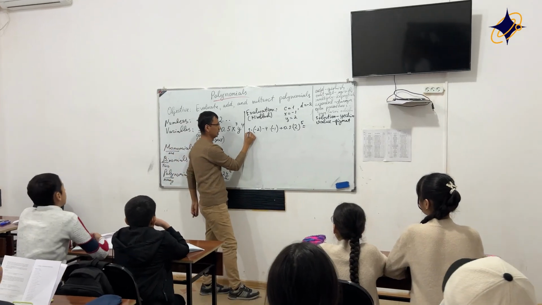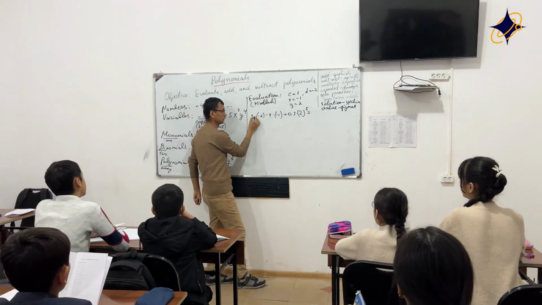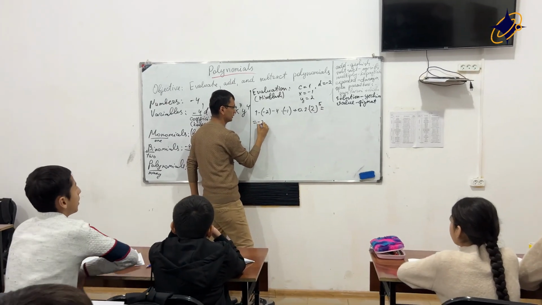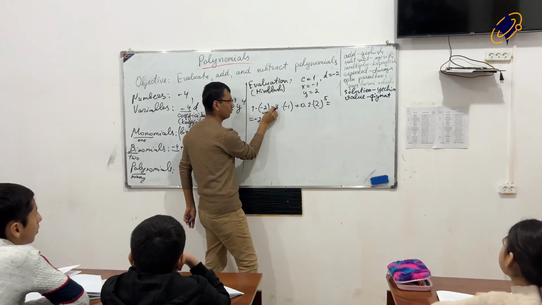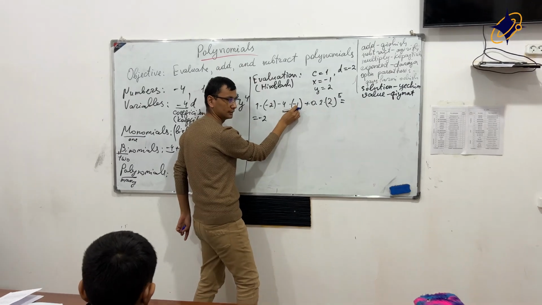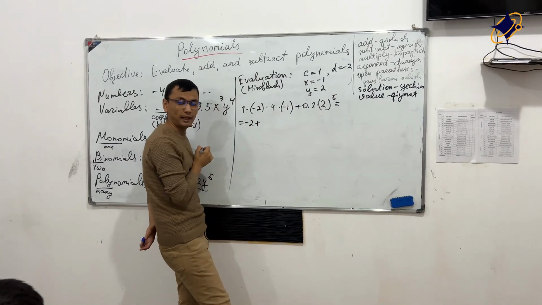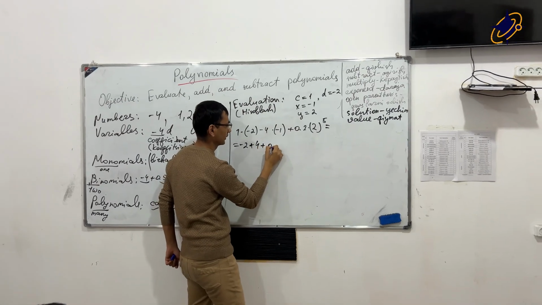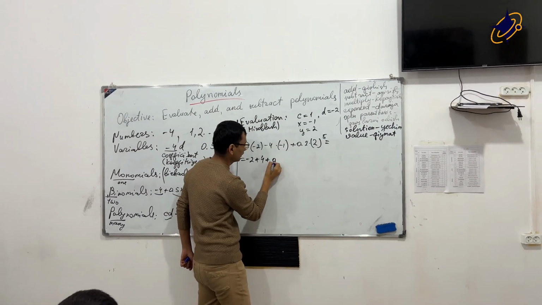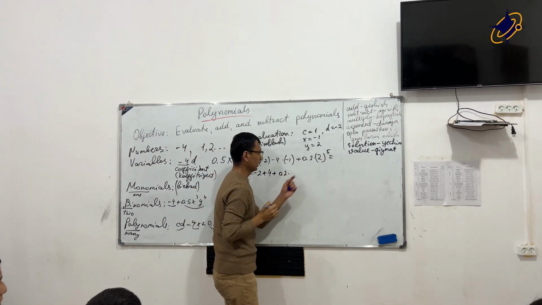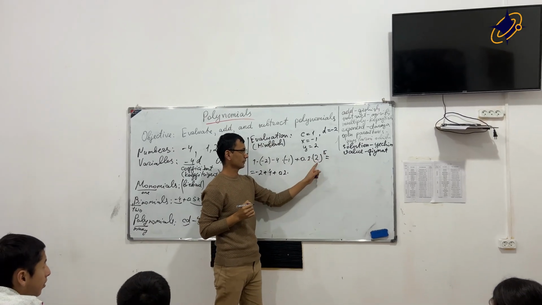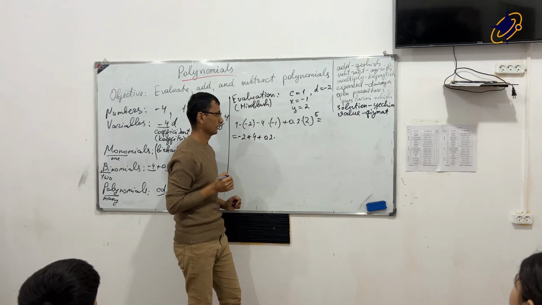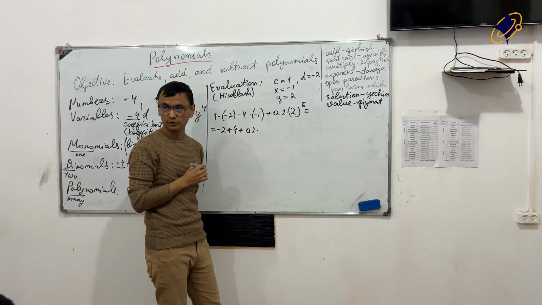Begin. 1 multiplied by minus 2 gives us minus 2. Minus 4 multiplied by minus 1 gives us plus 4. And 0.2 multiplied by, what is the solution of this exponent? 2 to the power of 5 is 32.